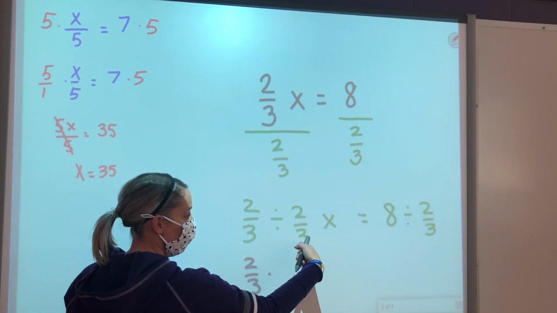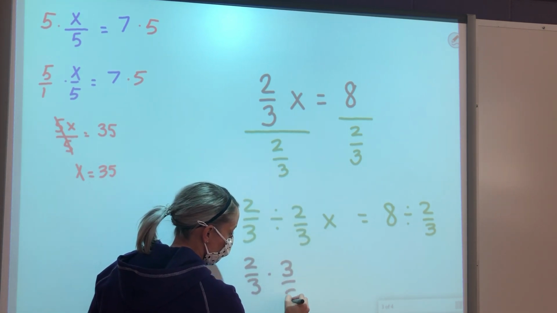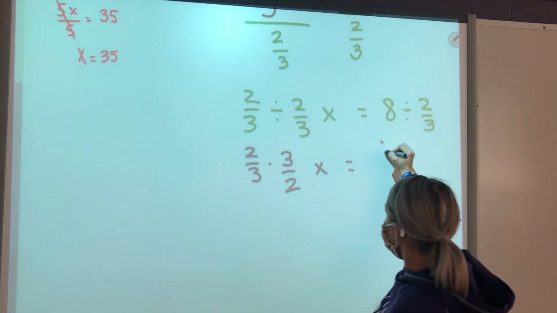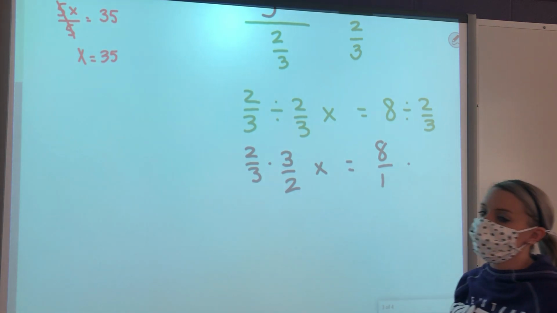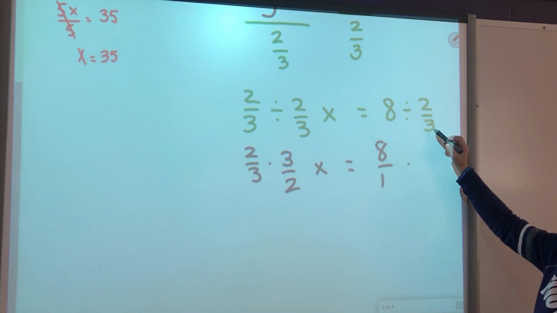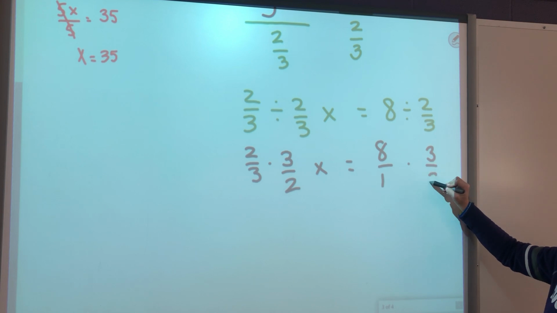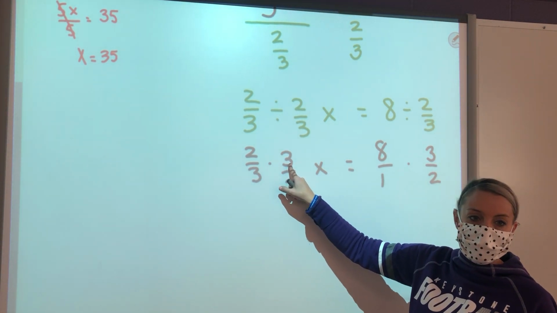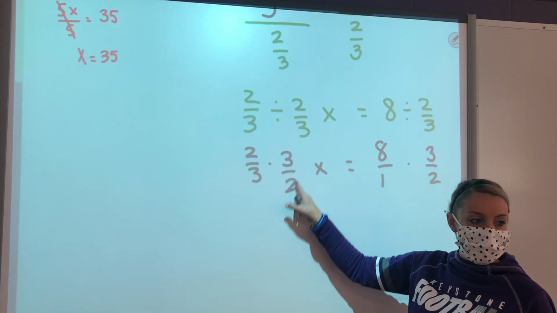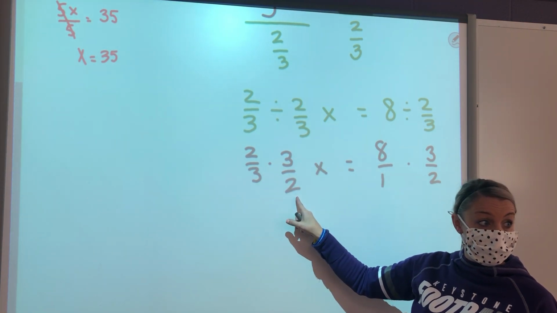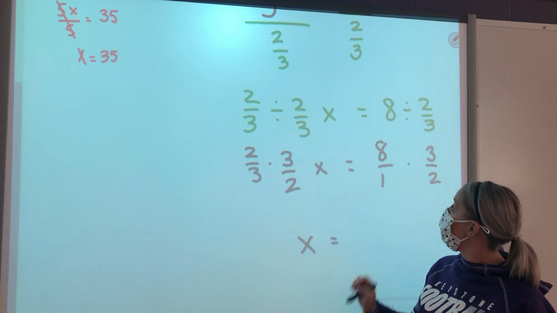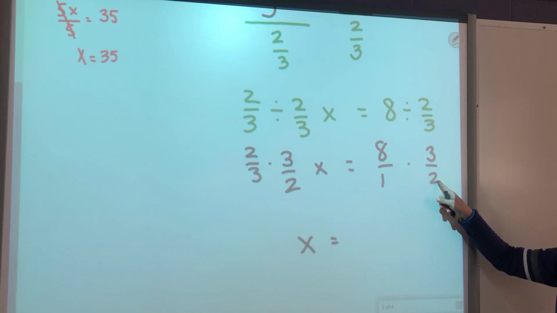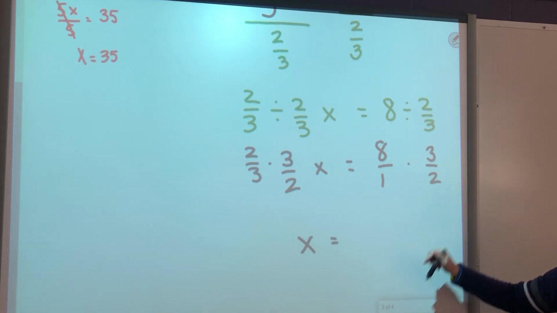Multiply by the 3/2 times x. 8/1 times 3/2. 2 times 3, 6. 3 times 2, 6. 6 divided by 6, 1. 8 times 3, 24. 1 times 2, 2. 24 divided by 2. 12.